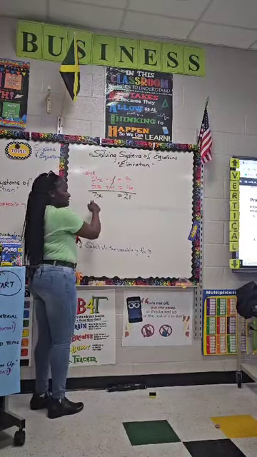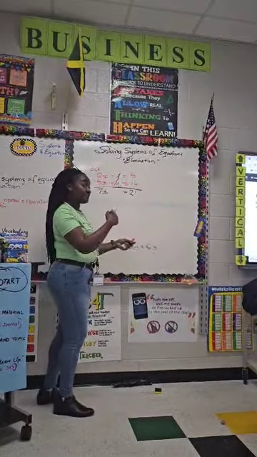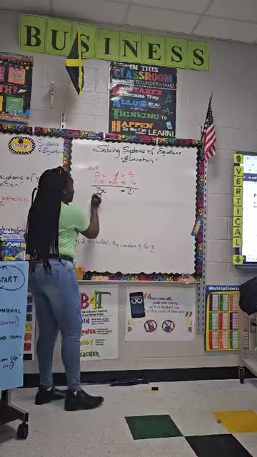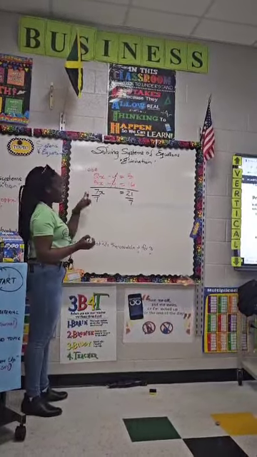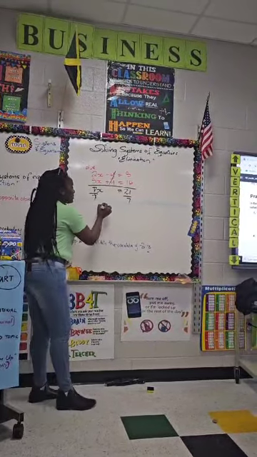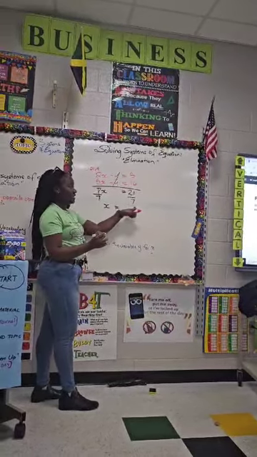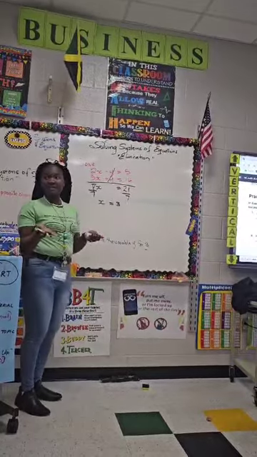Since this is saying 7 times x, the opposite of multiplication is division. So I'm going to divide both sides by 7. 7x divided by 7, the 7 will be cancelled out, that's 1. So we're left with x. And on this side, 21 divided by 7 is 3. So right away we got a value for x.